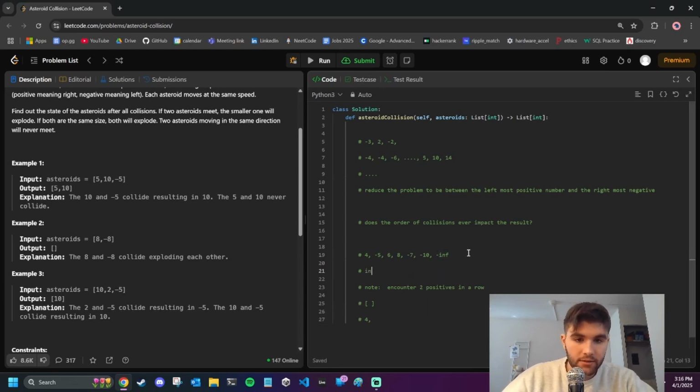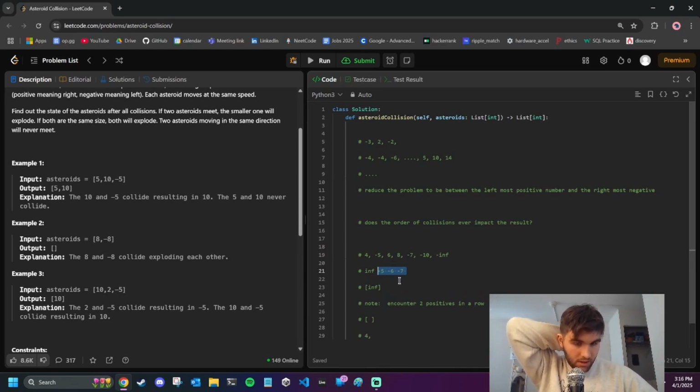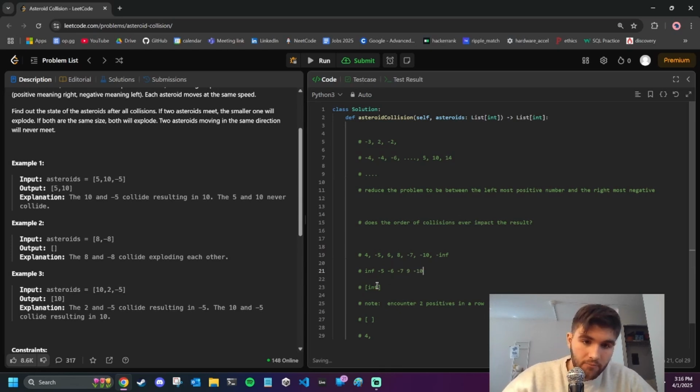So if we had infinity and then a bunch of negatives, we would have infinity in the stack, and none of these would break it, so we just skip them. And then if we had 9 here and then -10, we'd add the +9, and then this would delete it. So it's almost like we add positives to the stack and then delete them if there's a negative.